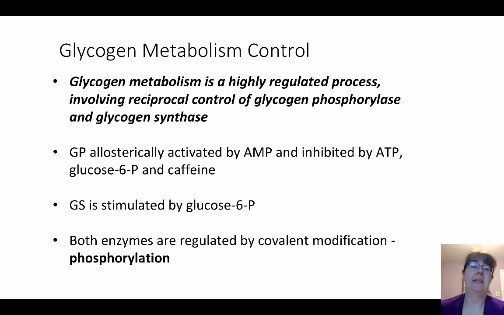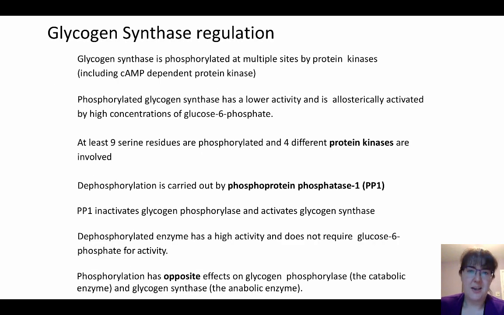Both enzymes are going to be regulated by covalent modification, and both of these are going to be regulated with phosphorylation. Before, when we saw glycogen phosphorylase, there was only one phosphorylation site. Glycogen synthase is fairly distinct and different in that it's got multiple sites to be phosphorylated by protein kinases. Once it's phosphorylated, it actually has a lower activity.